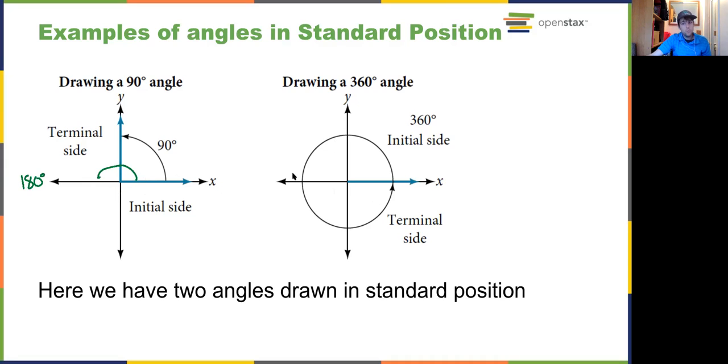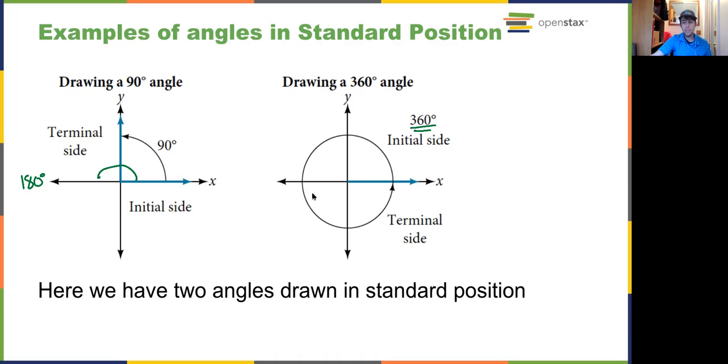In trig, we may want to have angles greater than 90 degrees. So for example, here is a picture of a 360-degree angle. Notice the initial side and the terminal side are lined up exactly on top of each other, because a 360-degree rotation is a full circle. We start there, we rotate 360, and we end up in the same spot.